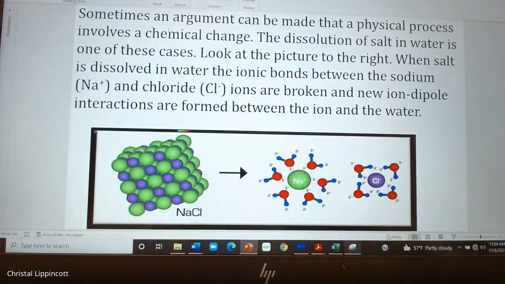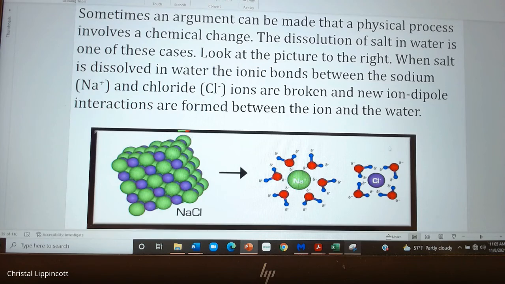In some cases, an argument can be made that a physical process involves a chemical change, such as salt in water. Okay, we're taking these ionic compounds. We are breaking those ionic bonds between those items, and they're coming off here in the water surrounding them.